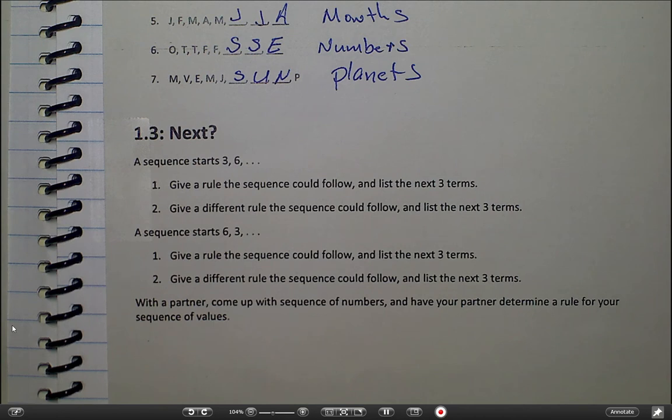All right, so let's see. Anyone want to give their opinion on this? Yes. Oh, I have a question. Is it the 2 numbers and then 3 others? Yes, and 3 others. It says the next 3 terms.